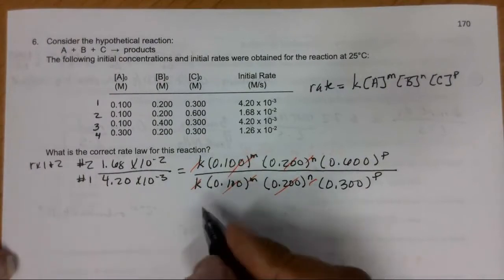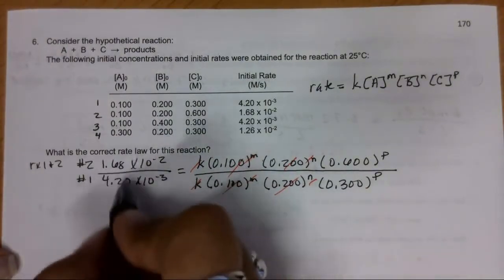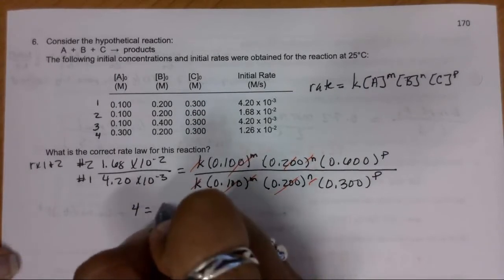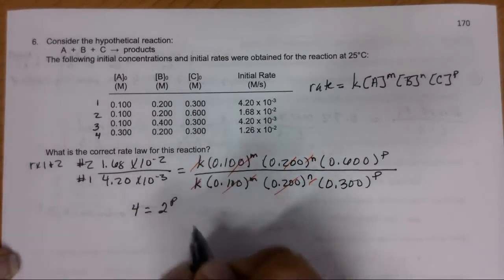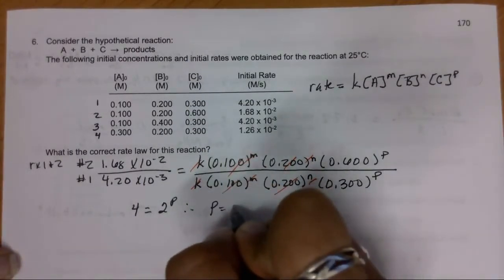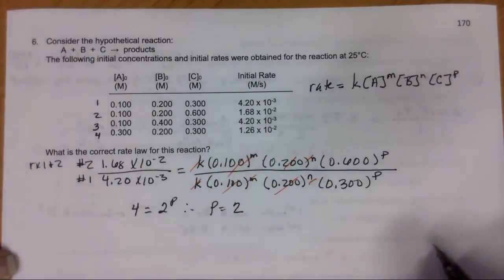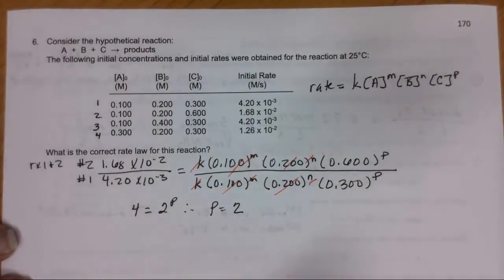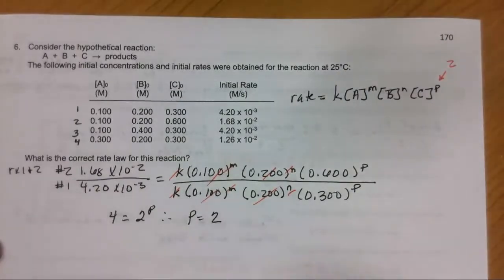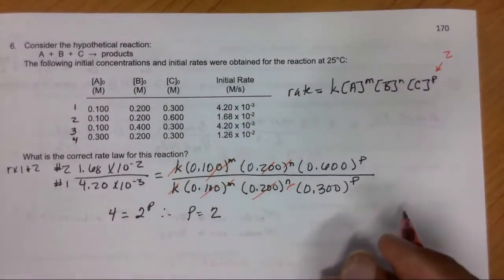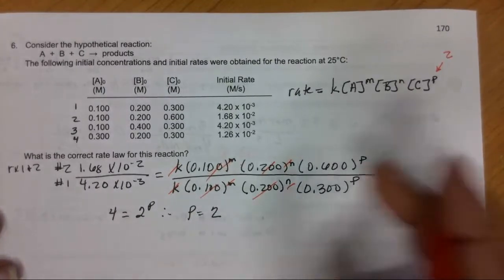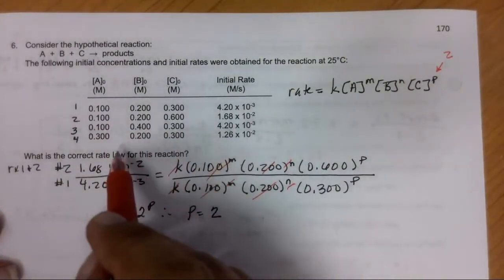When I divide this out, I'm going to get 4 is equal to 2 to the P. Therefore, P is equal to 2. So this one is second order. So that's that one. Now we've looked at 1 and 2.